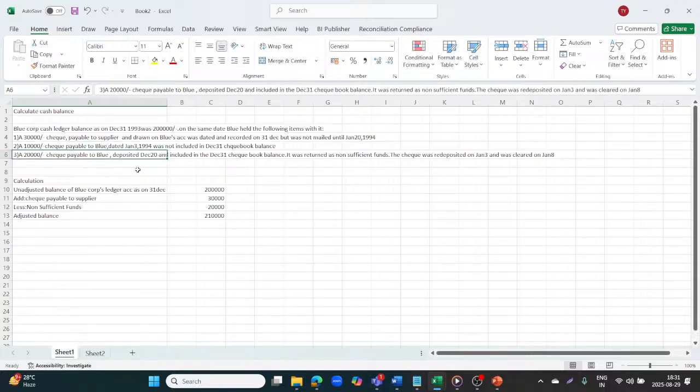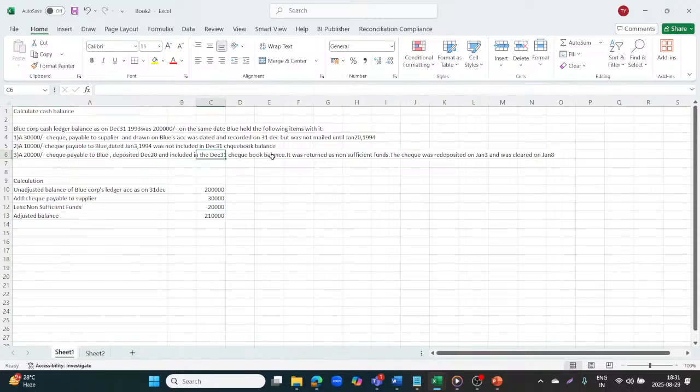A 20,000 check payable to Blue was deposited on 20th December and included in the December 31st checkbook balance. It was returned as non-sufficient funds, meaning we issued it to Blue on 20th December and it was included in 31st December. The check was redeposited on 3rd January and was cleared on 8th January. That means in the next year we redeposited it and it got cleared on January 8th.